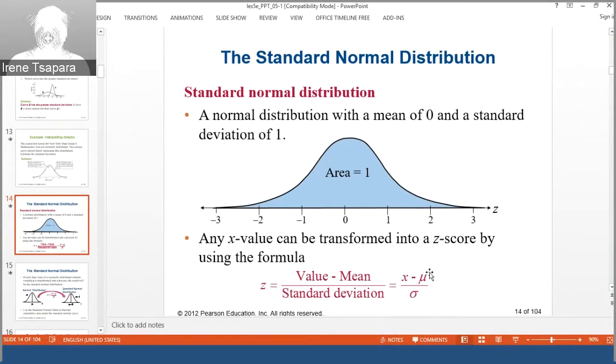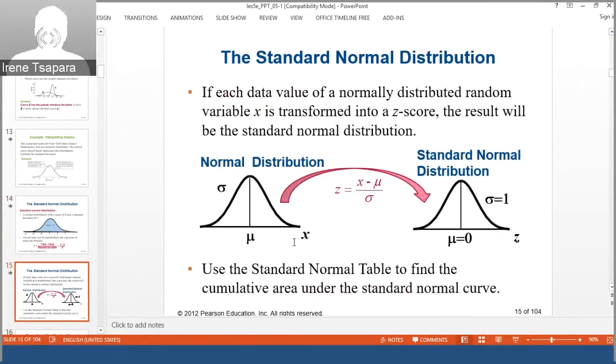So if you do x minus mu divided by sigma, then you can translate any x for any different distribution with mean mu and standard deviation sigma into a z-score. You can translate the x, find the z-score, go to the table, and calculate the probability, and the probability that you get will be the same for the actual distribution that you start with for the value of x.